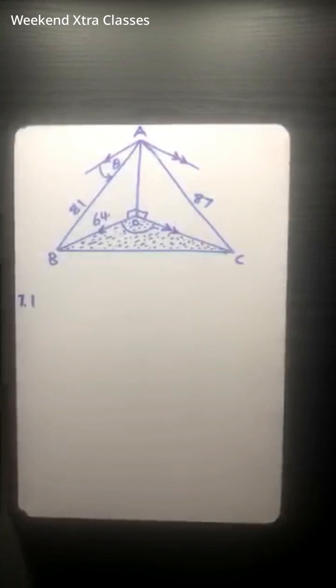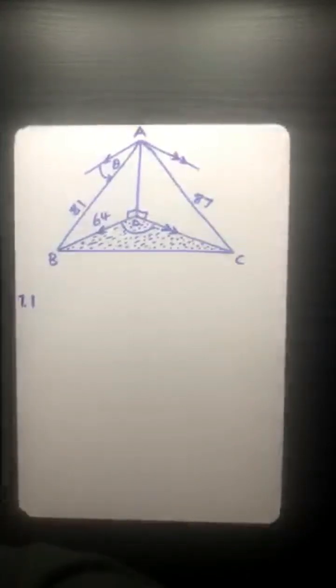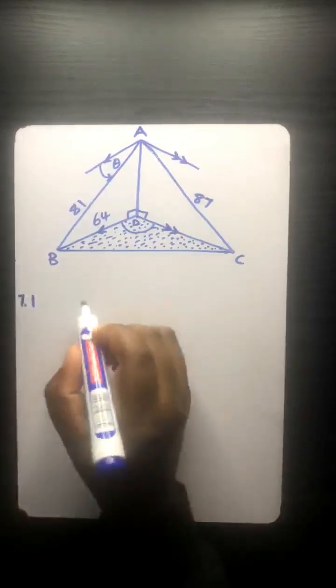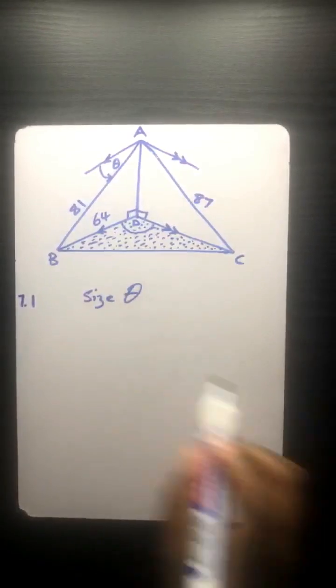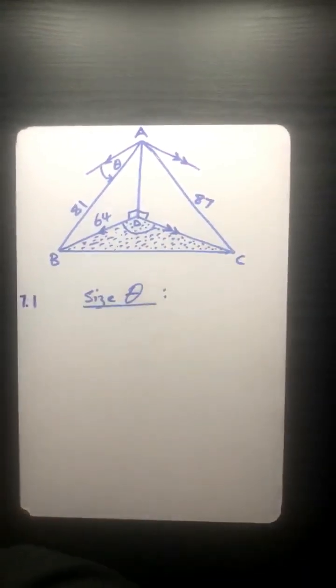So let's see, here comes a question. Calculate the size of theta to the nearest degree. That means they actually want the size of theta to the nearest degrees.